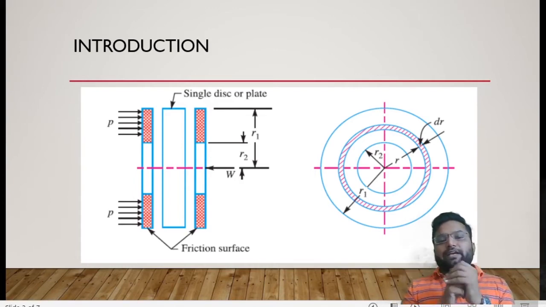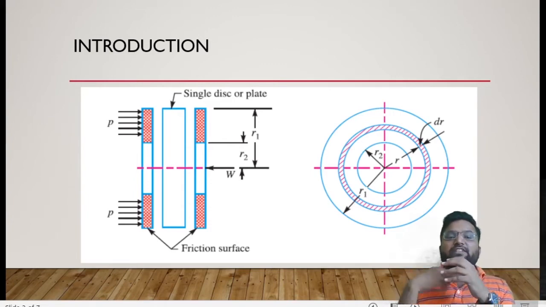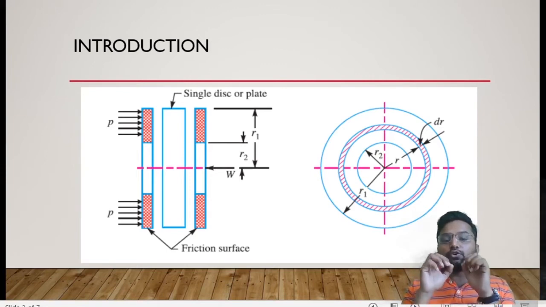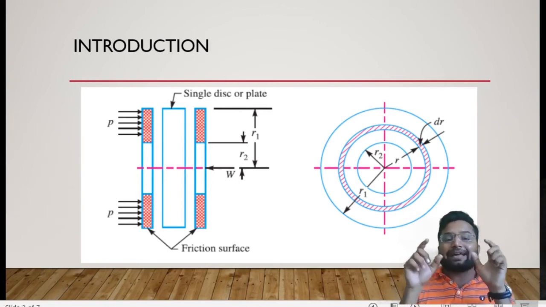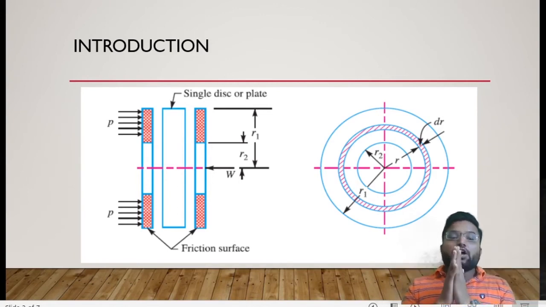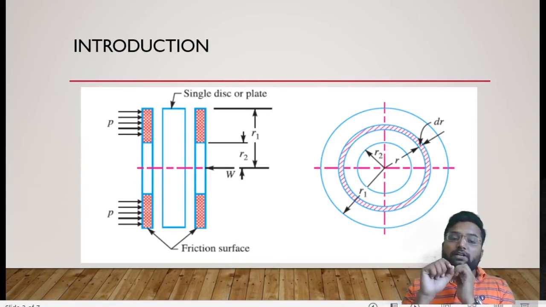Why this different pressure? Because our spring force or spring load is coming through the center of this plate. So the edge near the center will wear out more compared to the plate edge. Clear? So the maximum amount of wear will be set at the inside of our radius because it comes under the maximum pressure at that point.